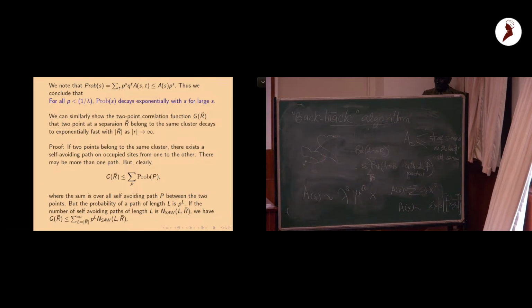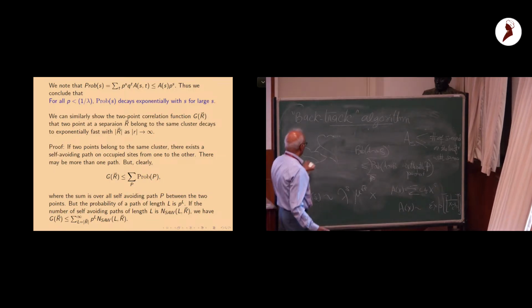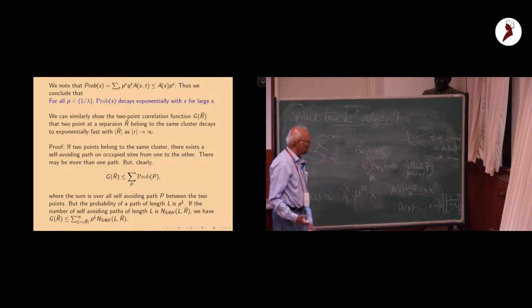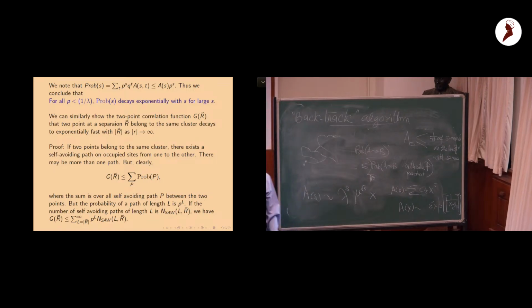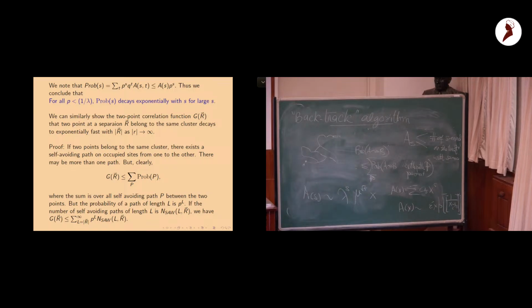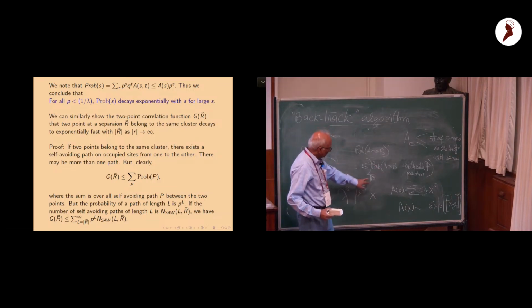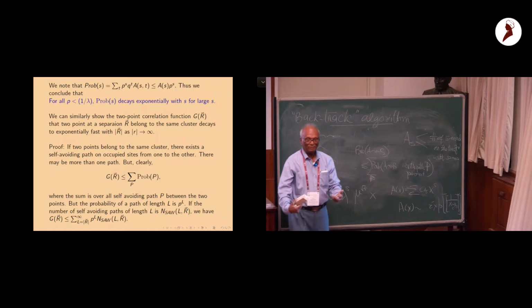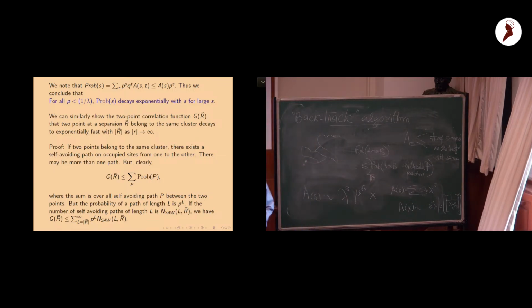So some configuration will be counted more than once in this summation, but it's a bound, so it is allowed. If I count it more than once, I will only get a bigger number than the real one. So the right hand side is bigger. Right hand side is sum over all paths, but sum over all paths may be double counting.